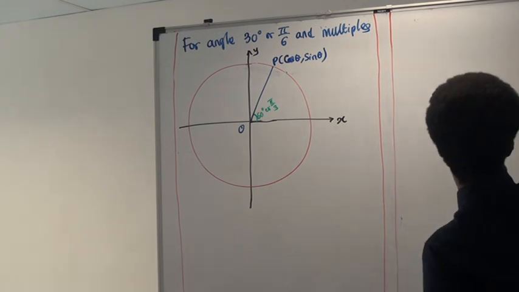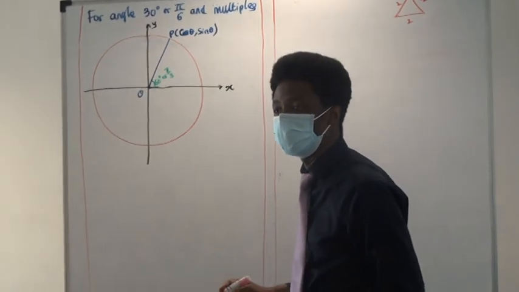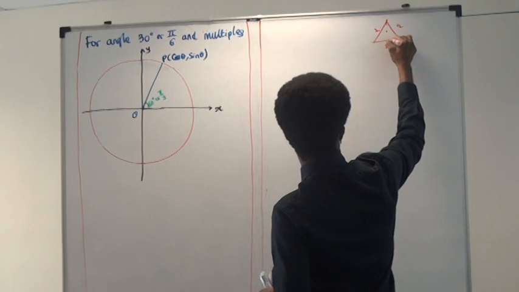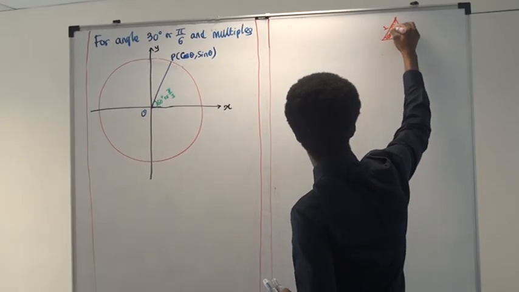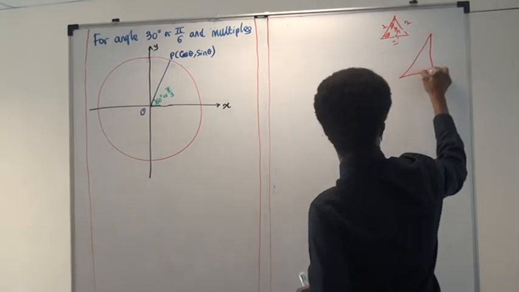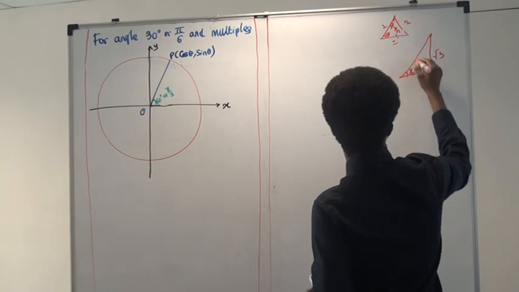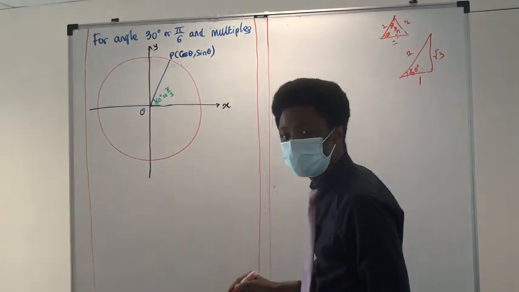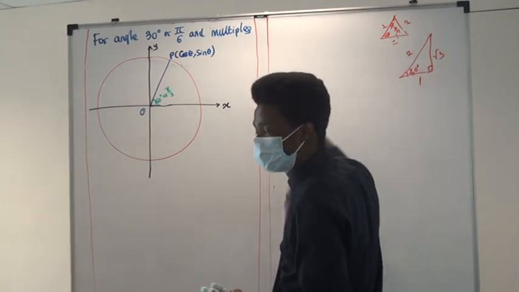You have to consider an equilateral triangle with an even side, even unit. I said, okay, we use 2. Then we found the height. This is 60 degrees, automatically this is 30 degrees up there. We found the height to be root 3 in IGCSE days. We got root 3 here, 60 here. This is 2, this is 1 because we divided this into 2.